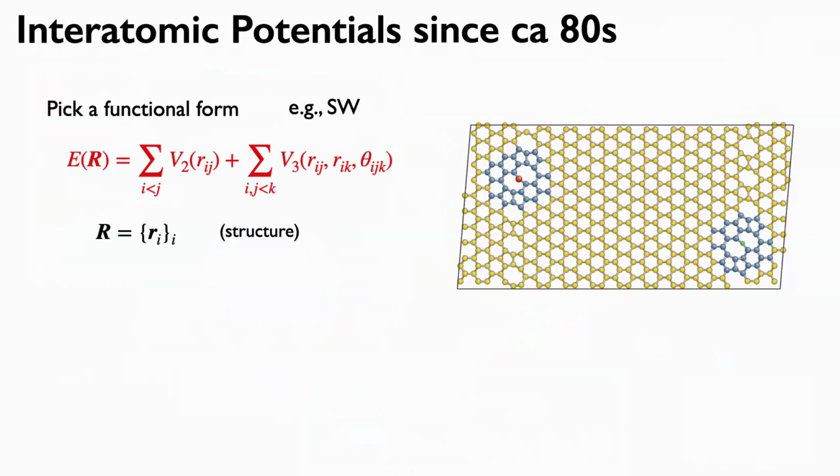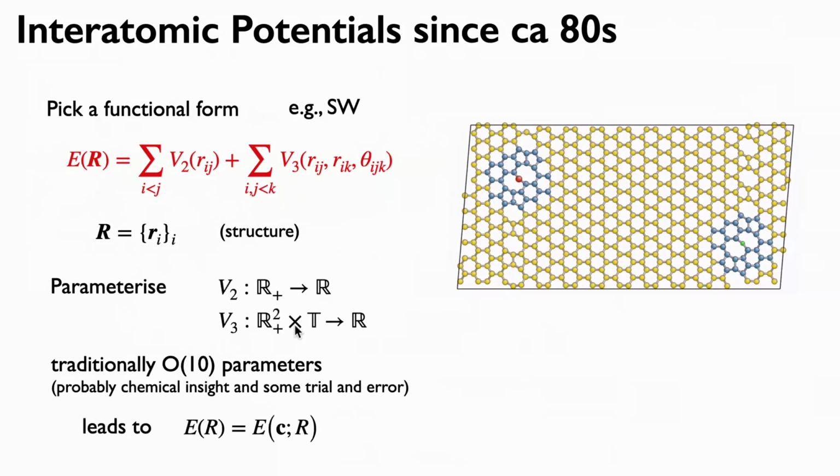In a way, conceptually, this has been done for many decades, right? In the past, maybe in very simple ways. Let's say you want to simulate silicon. The Stillinger-Weber potential is a potential of this form. You have two potentials, a pair potential and a three-body potential. Where should that come from? Well, one way is you can guess something. Another way is you can just parameterize it. So then you have two functions that you have to parameterize, and then you can run these simulations.